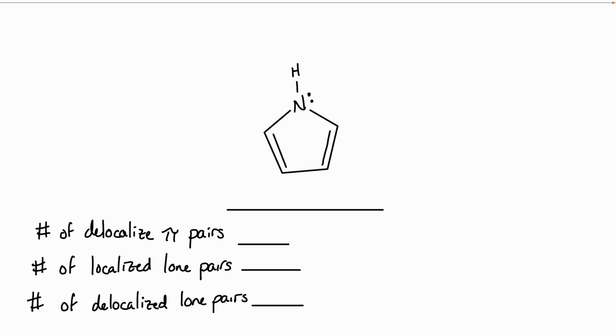All right, so given this compound here, take a second and first tell me whether it's aromatic, anti-aromatic, or non-aromatic, and then count the number of electron pairs that fall into these 3 categories.